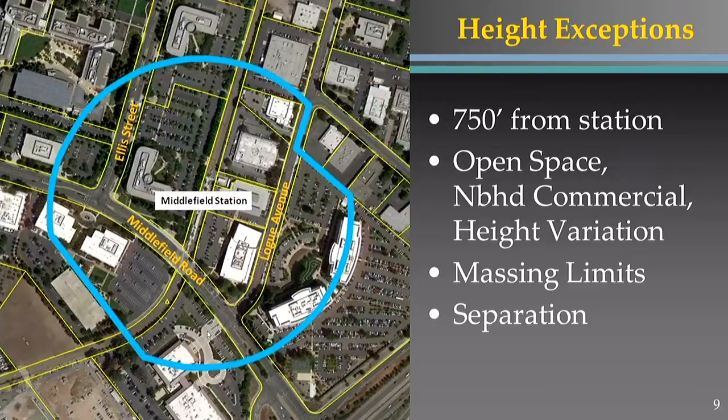It is not identified for any required neighborhood commercial. So if the commission is interested in seeing neighborhood commercial on these sites south of Middlefield, you would either have to recommend changes to the required neighborhood commercial areas, or this incentive would be a way to encourage that to happen. But other than that, it would be allowed to be constructed as standalone office or standalone residential at up to 95 feet.